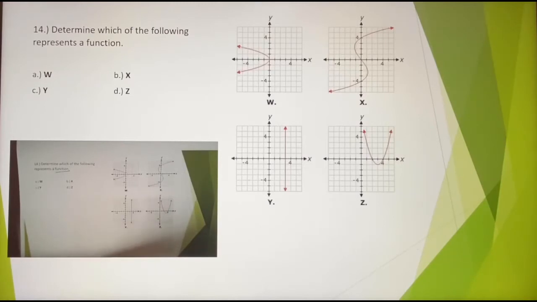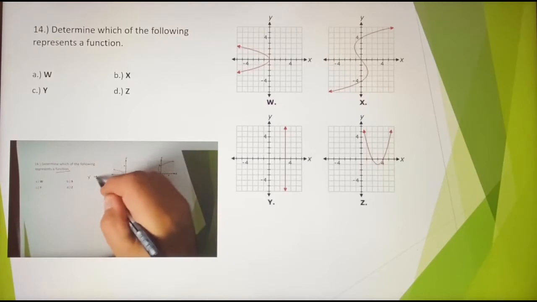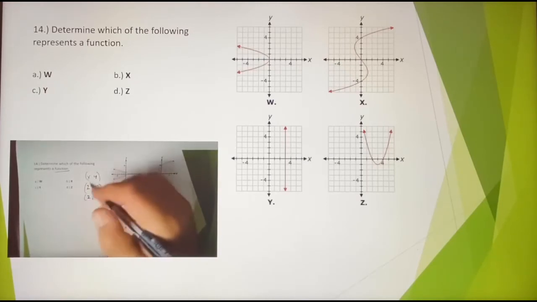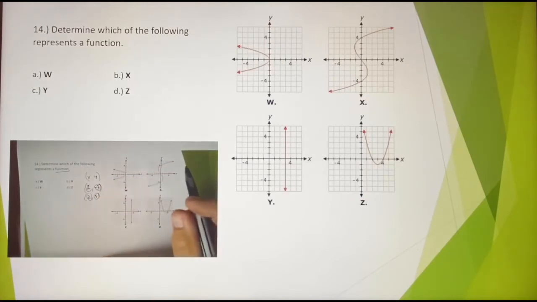So if your x was 2 and your y was -3, and then you had another one where the x is 2 and the y is 5, that would not be a function, because your x of 2 has a -3 and a 5.